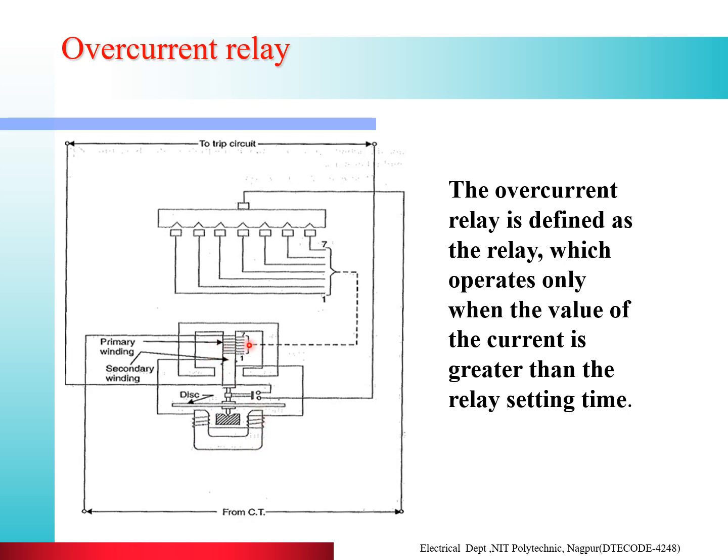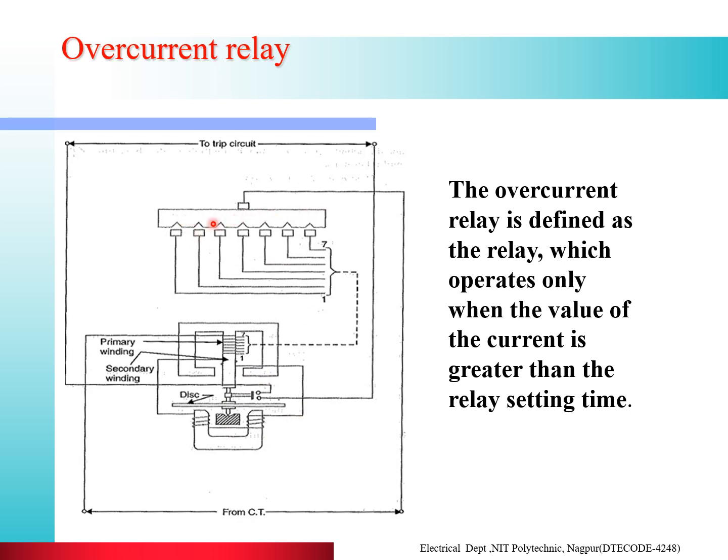The primary winding is wound on the upper magnet, and the secondary winding is wound on the lower magnet, so that this aluminum disc will rotate due to the interaction of the flux produced by the primary winding and the secondary winding.